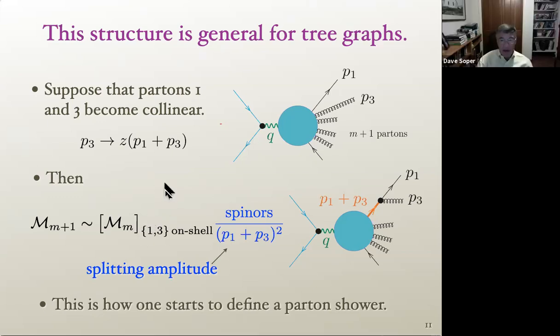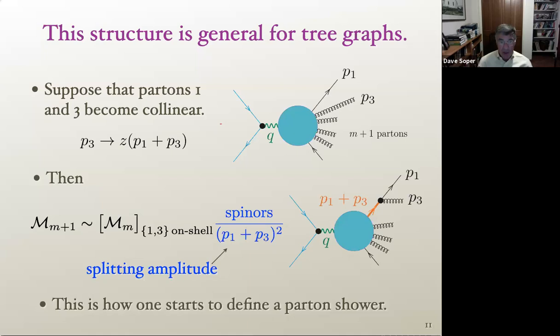So the idea is I have this complicated Feynman diagram. You can imagine all kinds of stuff inside of that blue blob. There's many diagrams in which I can combine all those partons into one. So far, I'm just looking at tree diagrams, so not virtual loops. But I want to know what happens when P3 gets to be collinear with P1.